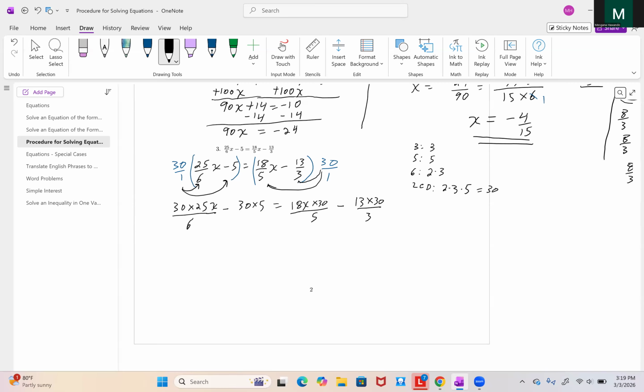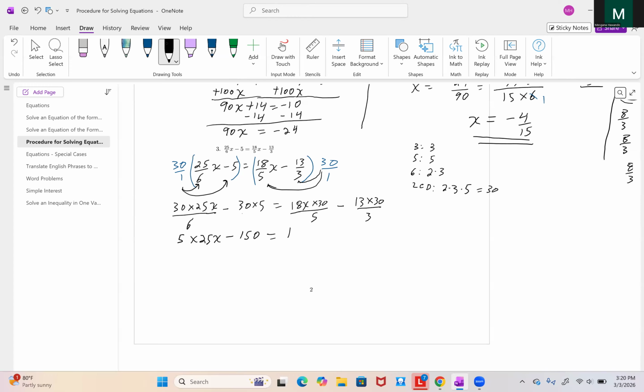Here, the 30 and the 6 have a common factor. 30 divided by 6 is 5. So we have 5 times 25x, minus 30 times 5 is 150, is equal to, the 30 and the 5 have a common factor. 30 over 5 is 6.